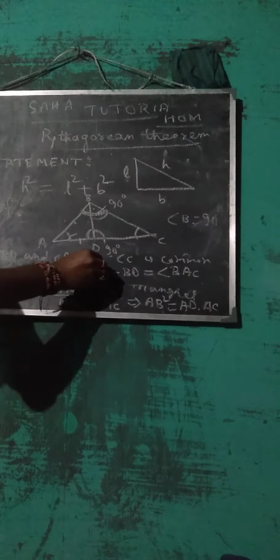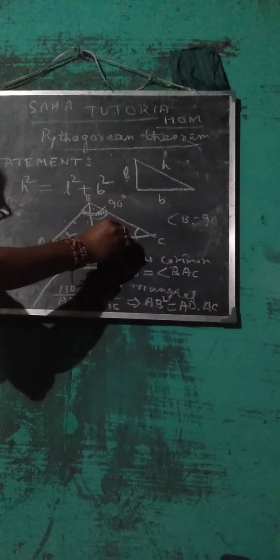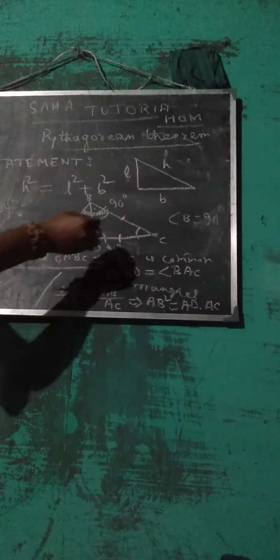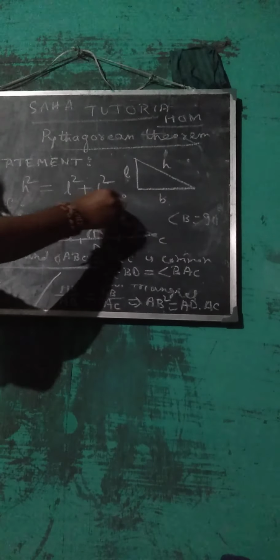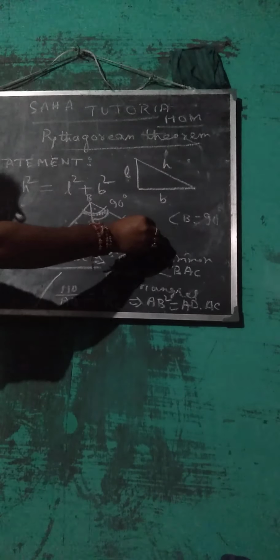Now we will get a result from here. If we again take base by hypotenuse for triangle CBD, CD by BC is equal to, for this triangle with respect to this angle, this is the height, so height by hypotenuse.